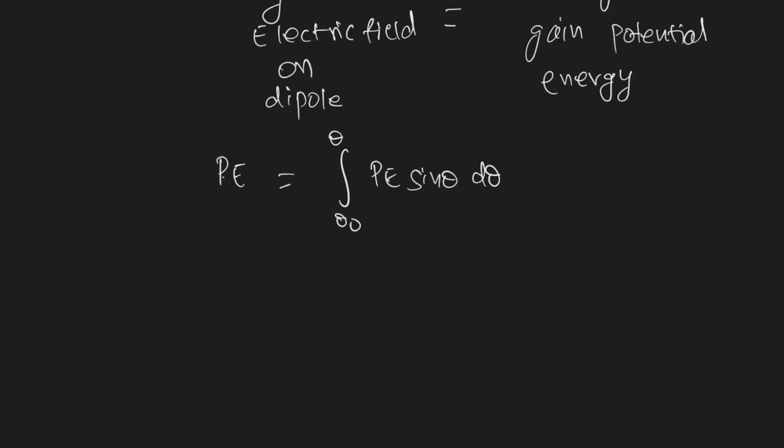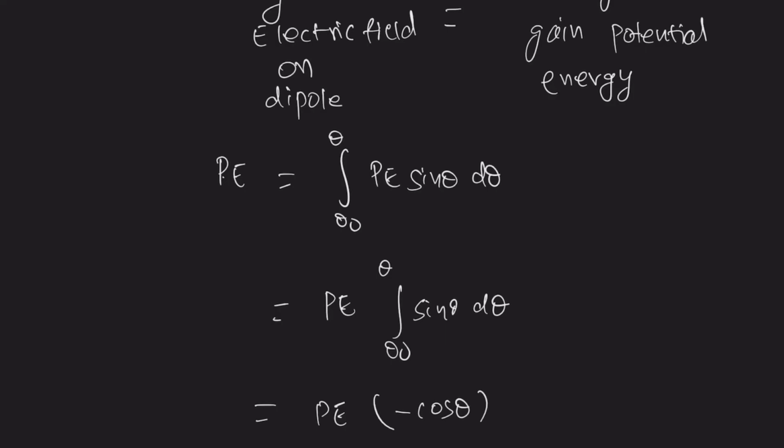Next, we evaluate the integration here. So Pe are constant terms. Pe integration theta naught to theta sin theta into d theta. So Pe integration sin theta, minus cos theta. This is the formula for integration of sin theta, that is minus cos theta. So initially is theta naught, final is theta.